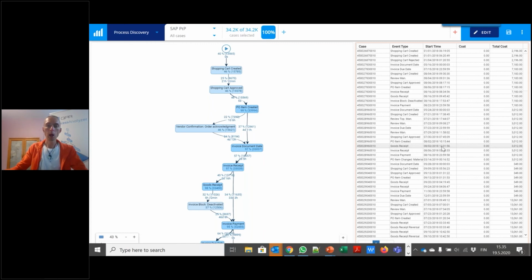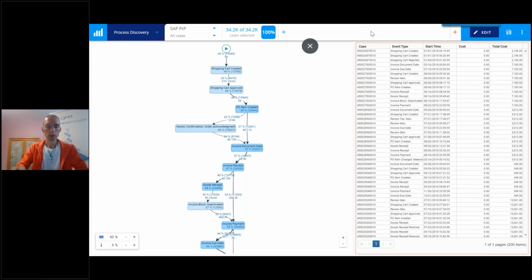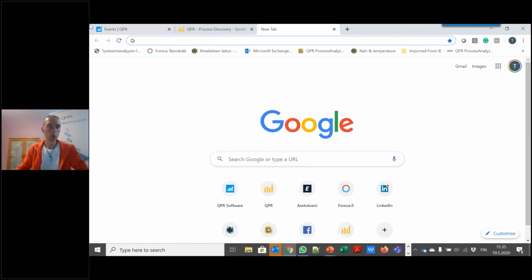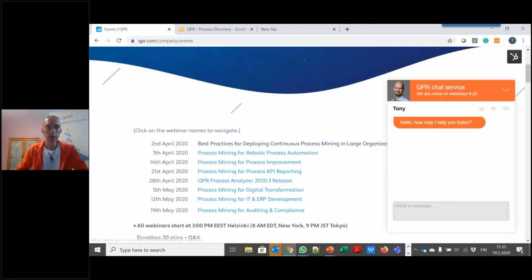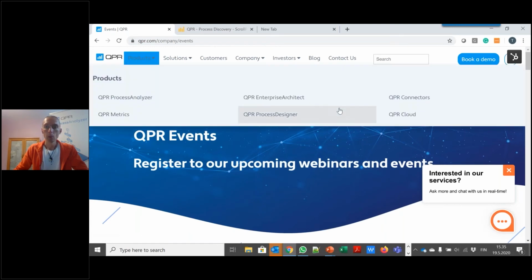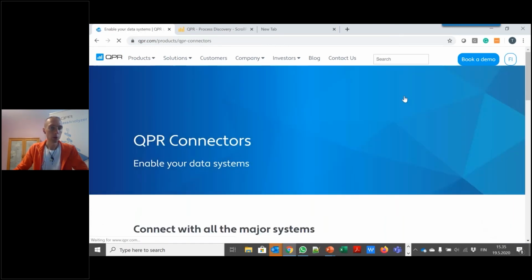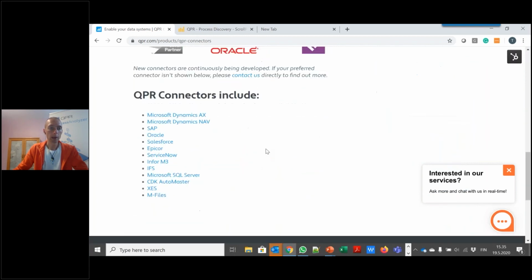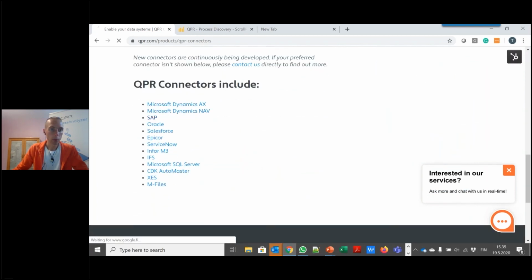Now the question is, how do you get this data? Let me show you here, because we have a good solution for you. So in the QPR website we have the QPR connectors. We have ready-made connectors for all these systems, and SAP is one of those.